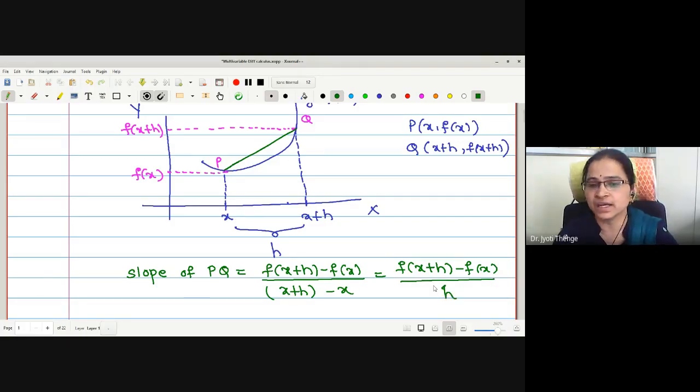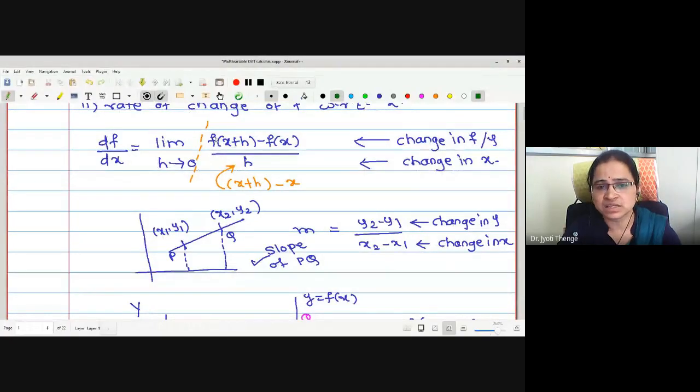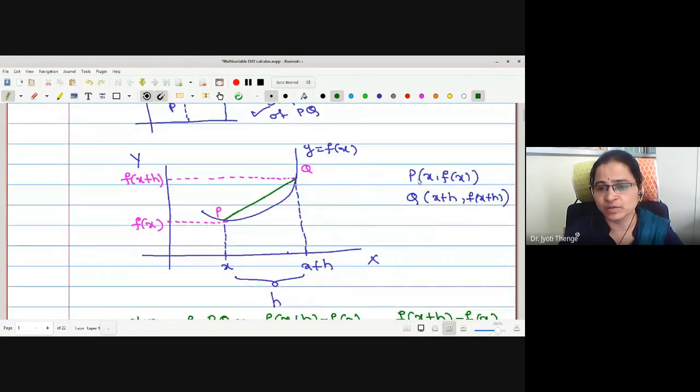That is the increment in the function divided by the increment in the independent variable. Therefore, if I do not put the limit, this ratio gives me the slope of the line PQ joining the two points, where P is x, f of x and Q has coordinates x plus h and f of x plus h.